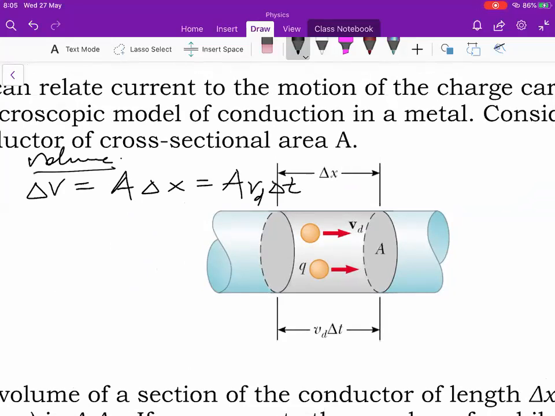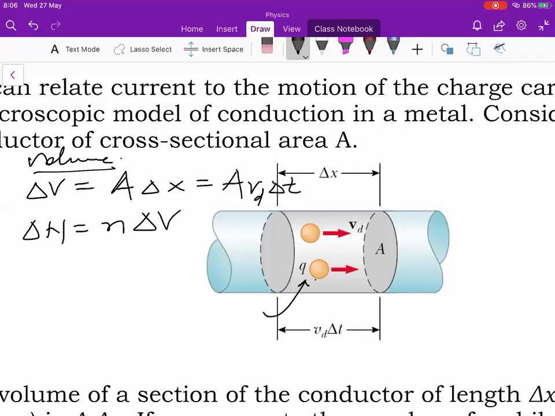Now there is a term known as number density, which basically signifies the density of free charge carriers. Inside this particular material, whichever conducting material it is, copper, aluminium, whatever, it has a number density, that means the number of free electrons per unit volume. So how many charge carriers are involved, that number also you can calculate: delta n by multiplying this volume with n.